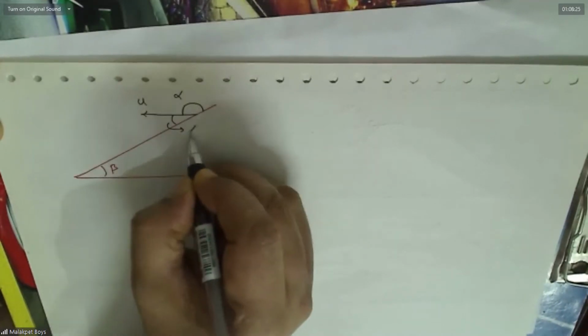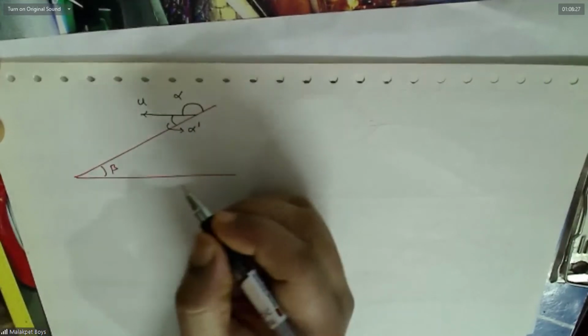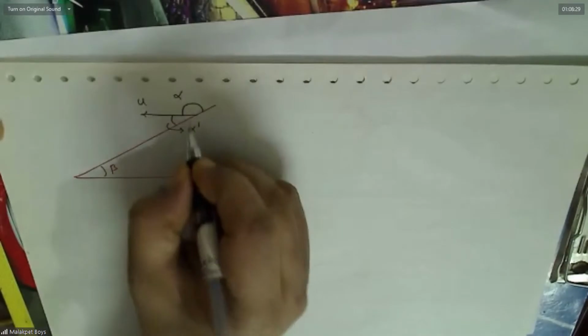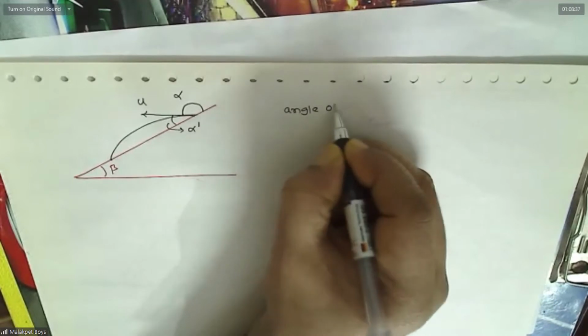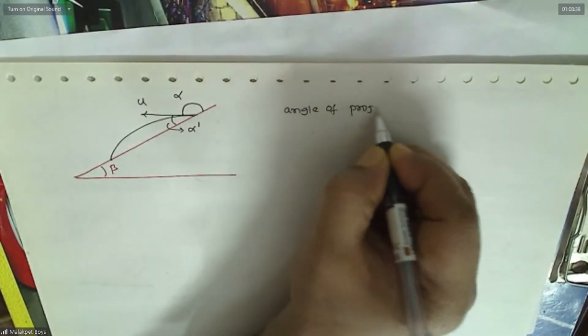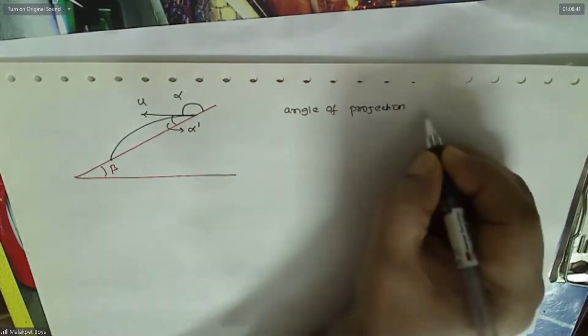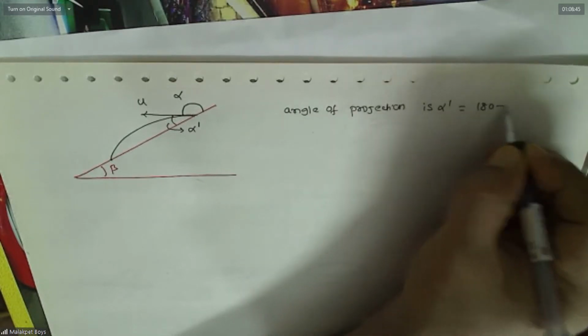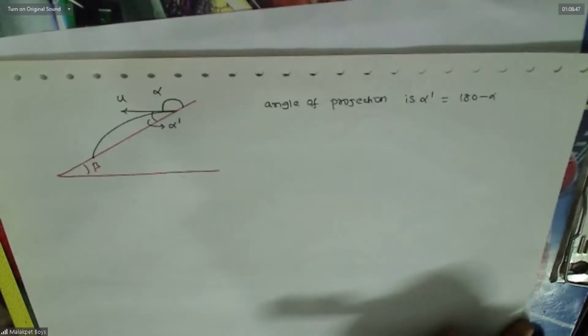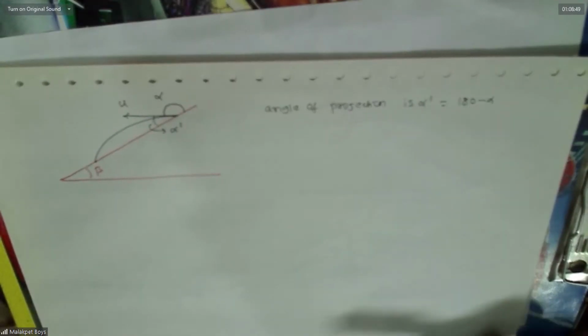This is alpha dash. So this comes like this and lands somewhere. So here, angle of projection is nothing but 180 minus alpha, or not. Any doubt till here?